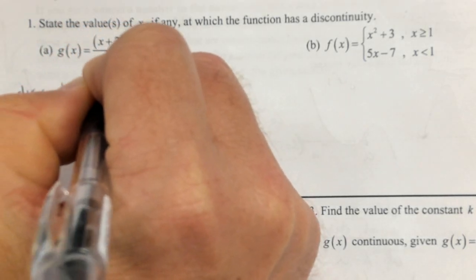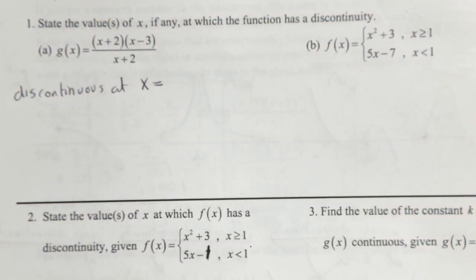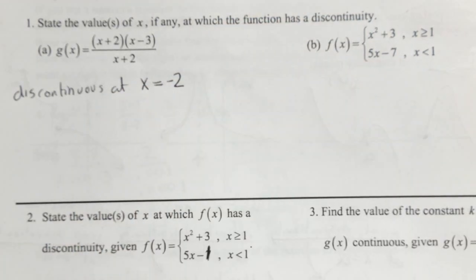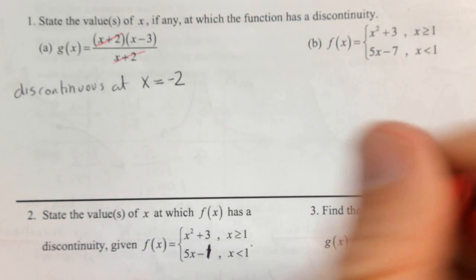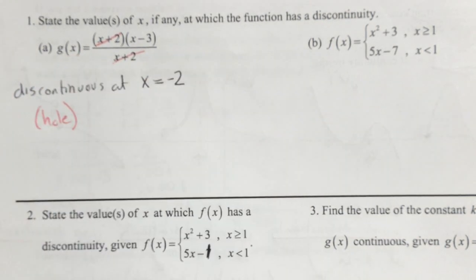Discontinuous at, so what x value does that happen at? At x equals -2. Now that's all you have to say because that's all it asked. Some of you were giving me a little bit more information, which was fine and correct. It happens to be a hole. But that wasn't really the question. So be careful, make sure you read carefully.